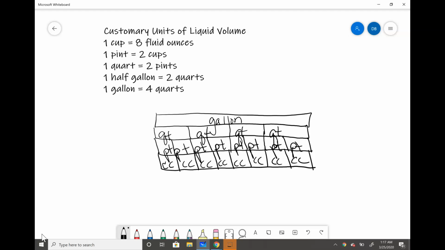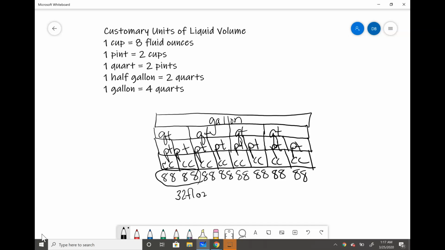Now, each cup is equal to 8 fluid ounces. So if you think about a measuring cup, 1 cup has 8 fluid ounces inside of it. Then 2 cups would have 16 fluid ounces inside of them. 1 pint would be the same as 16 fluid ounces, and 2 pints would be the same as 32 fluid ounces.